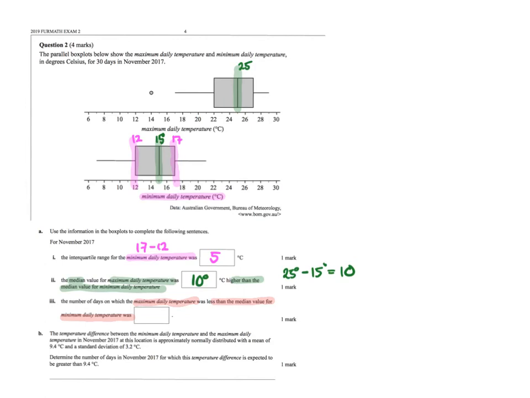So here's the minimum median here, and how many days of the maximum were less than the median? So how many were there? Yeah, there's just one outlier, isn't there? Yep. So number of days, 1.